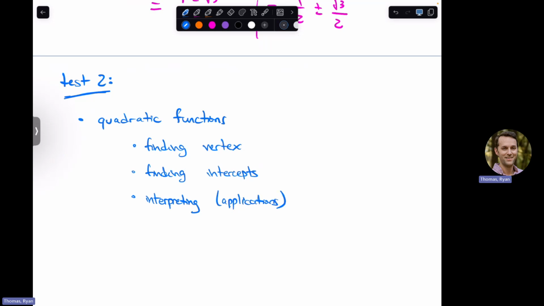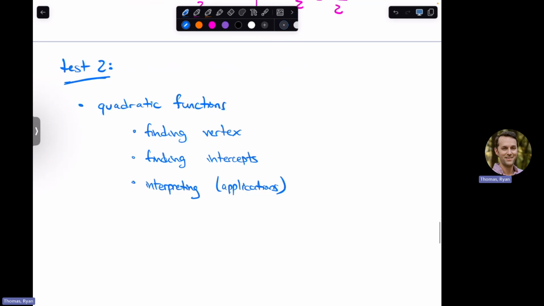So given some function that models, what was the thing we did in class? Quarterback throwing a ball, yeah, right. Juggling football. That kind of thing, right? Interpreting what the vertex tells us or what the x-intercepts tell us, all that kind of stuff. Interpreting means translating a math fact into an English statement using some kind of context.